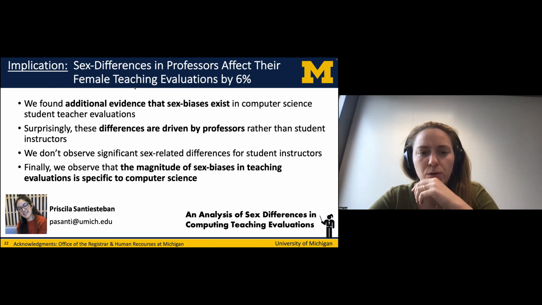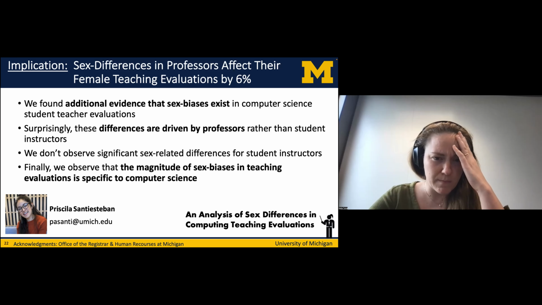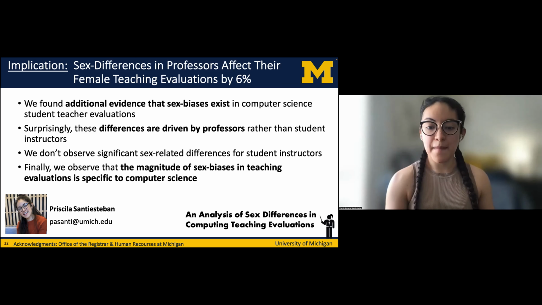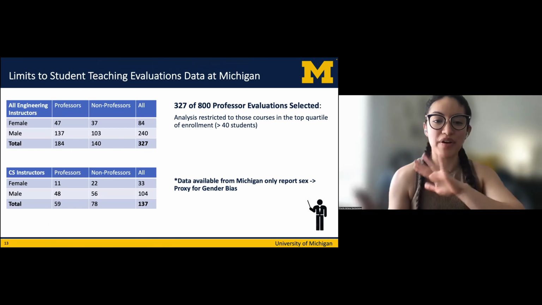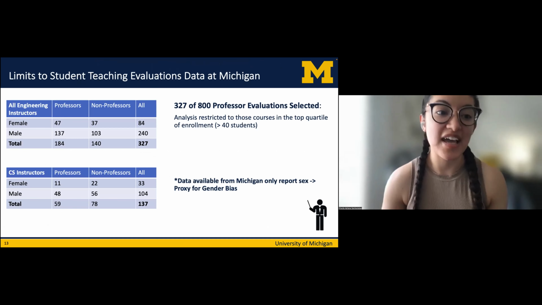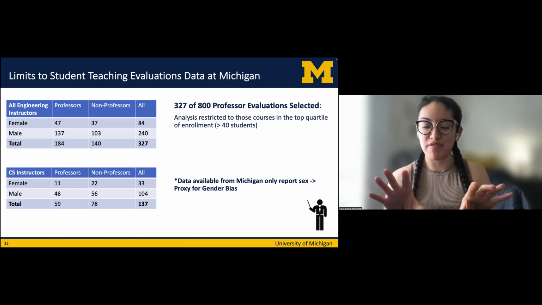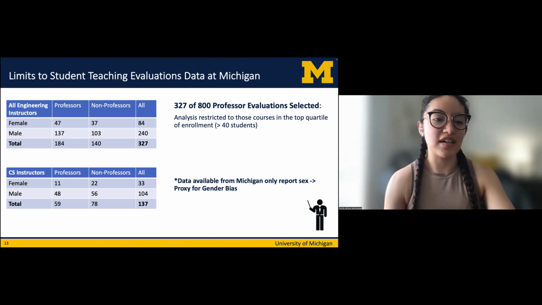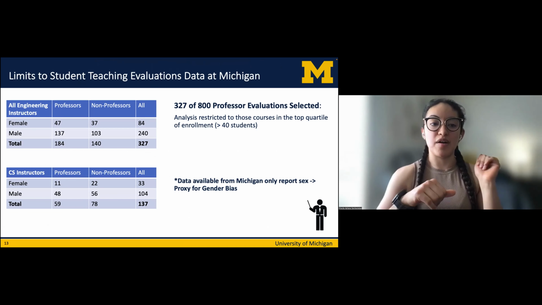Maybe I missed it, but did you also say the percentage of female versus male professors in your data? Off the top of my head, the numbers are not available, so if you go back to the slides, in this little table we separated how many female professors and male professors we have for each of the engineering departments and CS departments.